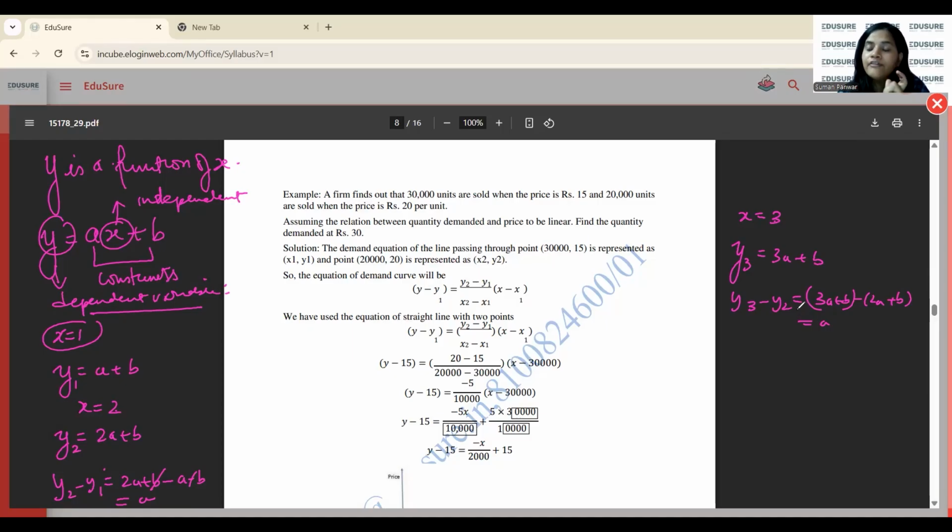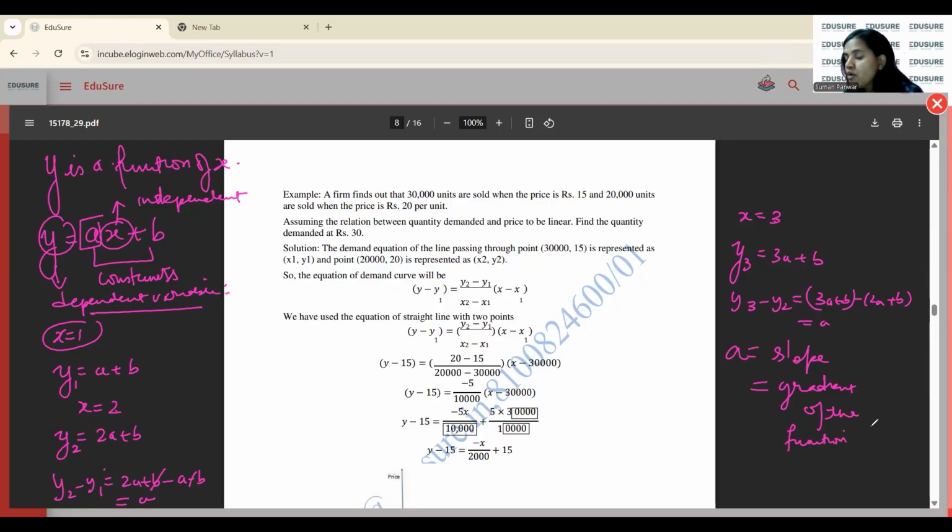So with every unit change in x, the change in y is a constant, and that constant is a over here. And such kinds of functions are called linear functions. The basic definition of a linear function is this. This quantity a is called the slope or the gradient of the function.